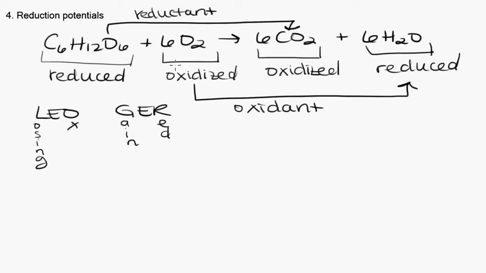So another way to write this is: the oxidant is going to gain n number of electrons and become a reductant, which is then reduced.